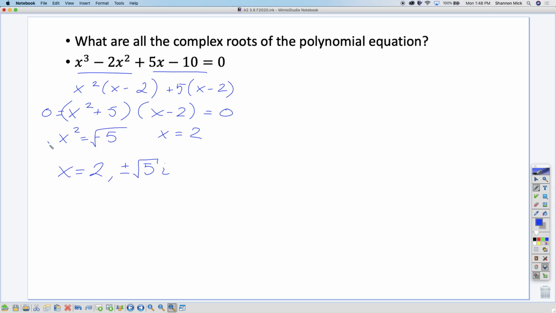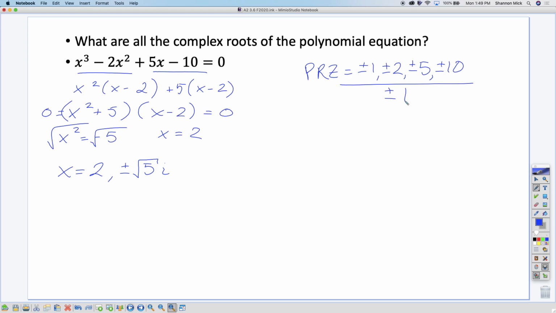So I took the square root. Now, if I would have done possible rational zeros and synthetic division, so PRZ, we said 1, 2, 5, 10, all over 1, right? Yes. Okay.